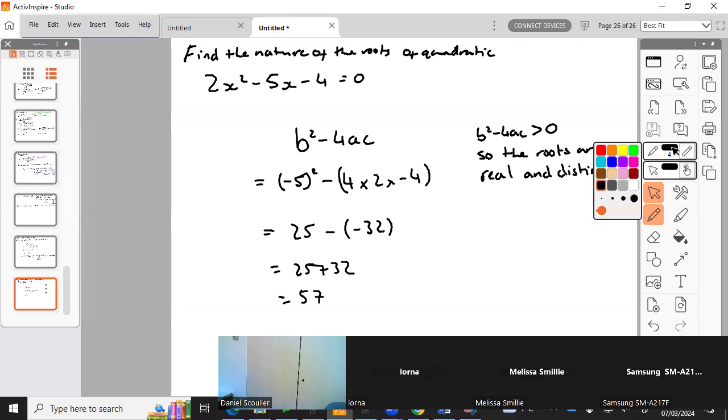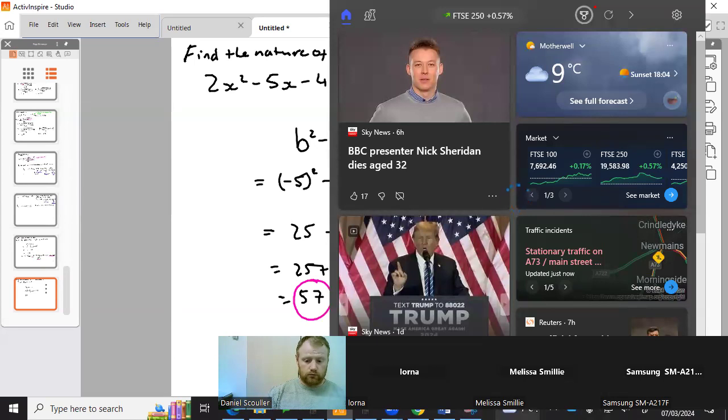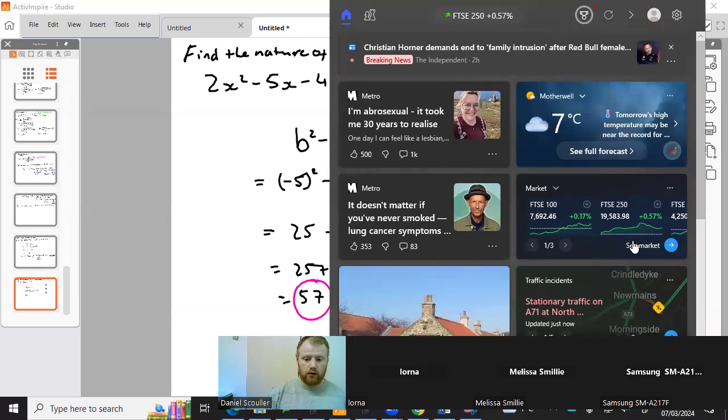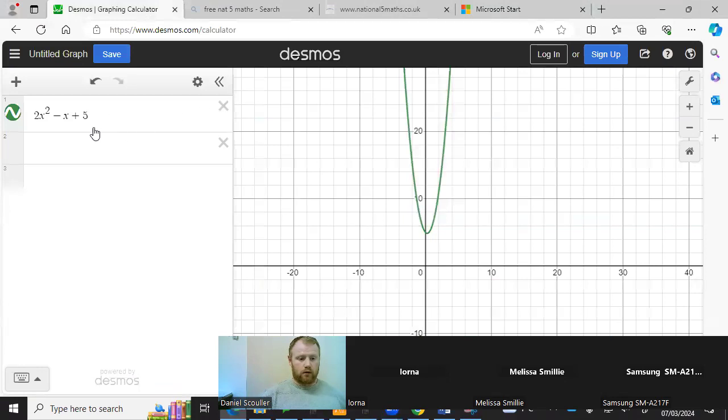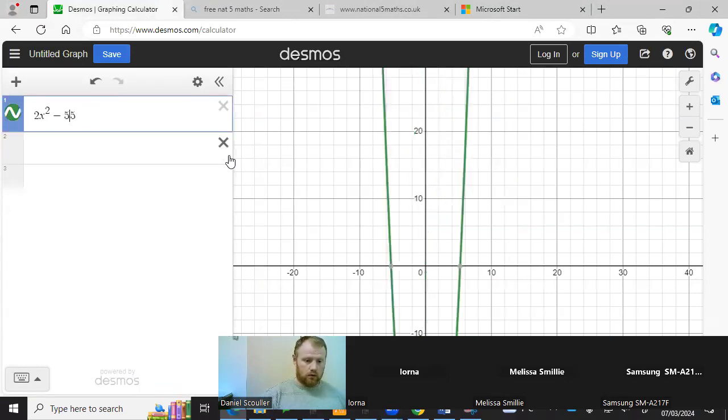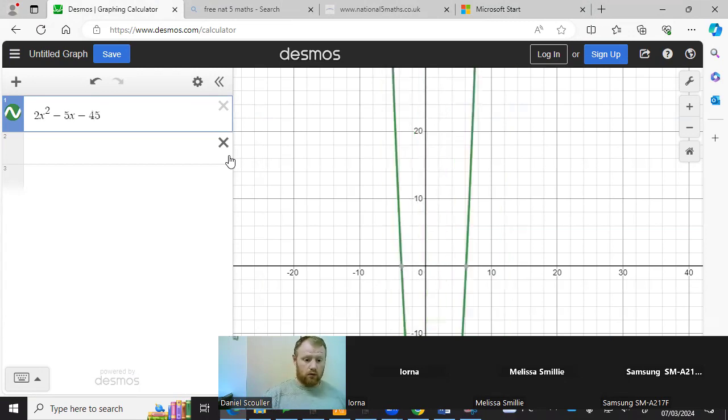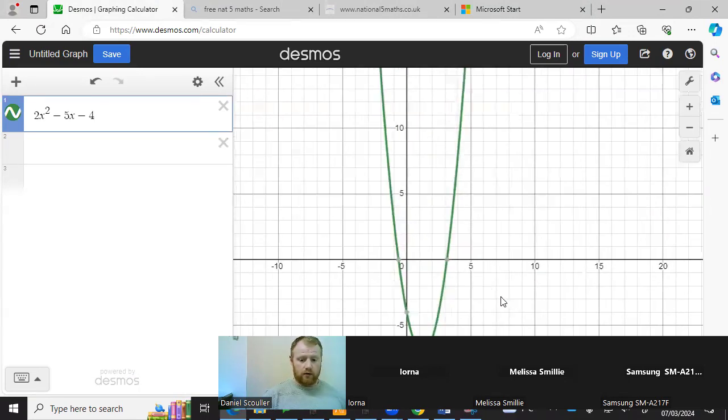You could then put that back into your formula. That's what goes in under the root sign. Okay, that's that equation there.